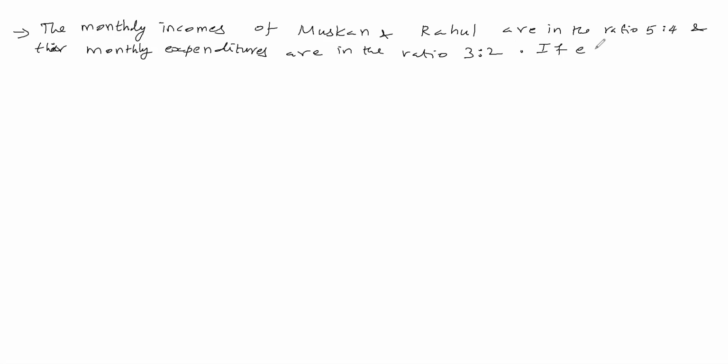If each saves rupees 1600 per month, find their monthly incomes.